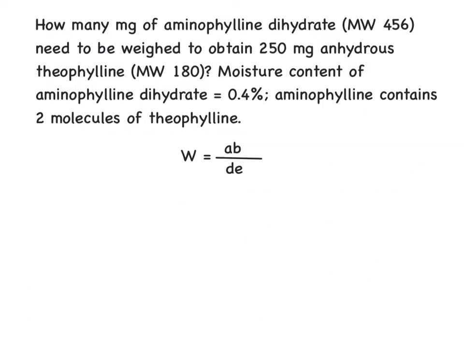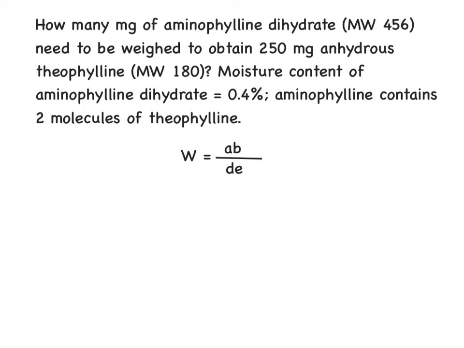So here we're needing to account for the milligrams of the aminophylline dihydrate in order to obtain 250 milligrams of anhydrous theophylline. Aminophylline contains 2 molecules of theophylline, and what we're told is that the moisture content of the dihydrate is 0.4%.